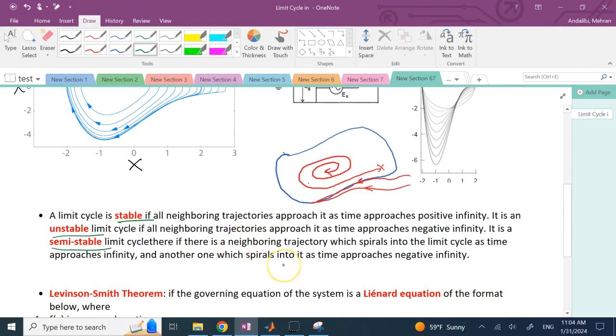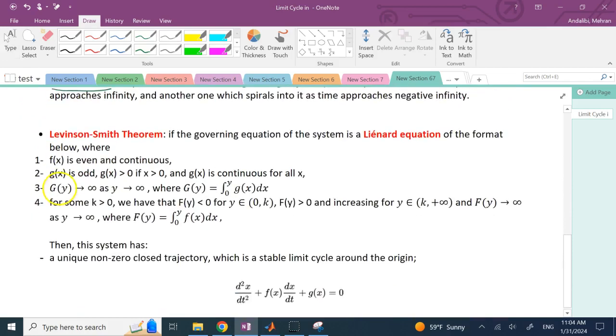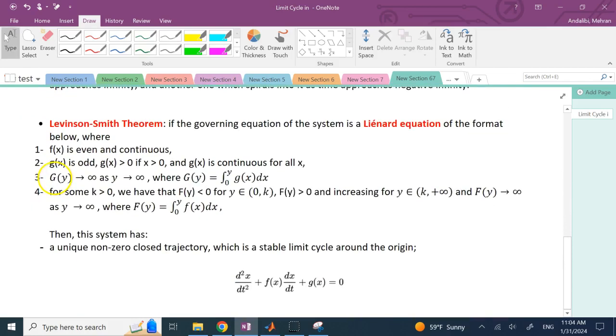Now, before I go and show you my MATLAB code, I want to mention something. My goal was not really to go into a lot of detail, because if you want to study limit cycles, that's several lectures of its own.